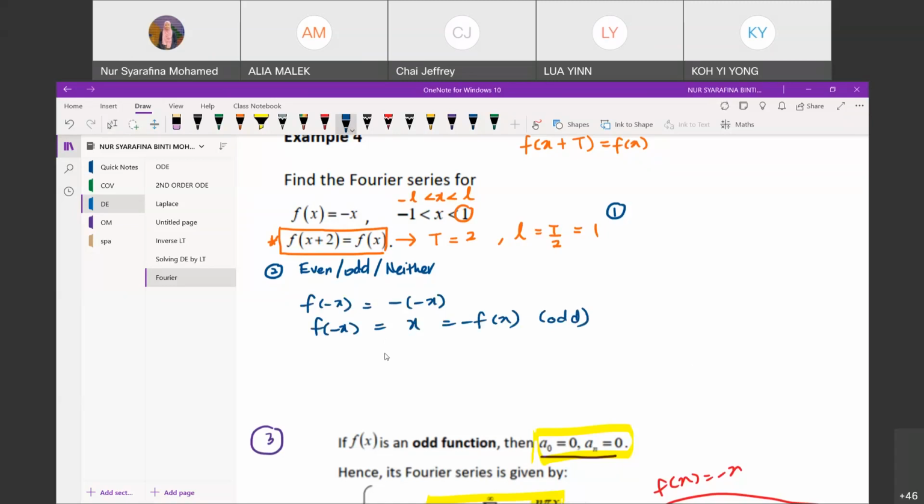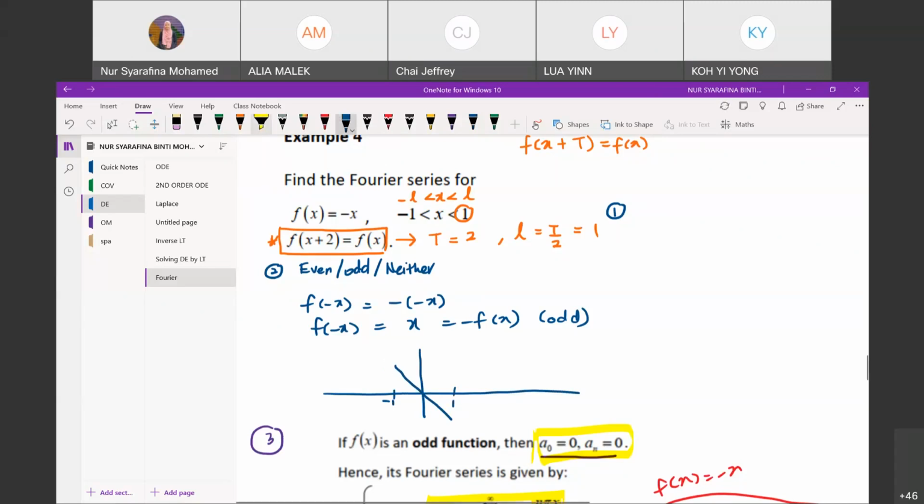Okay, we can also find the type of function here by plotting a graph. So f(x) equals negative x is given by this, right? From -1 to 1.